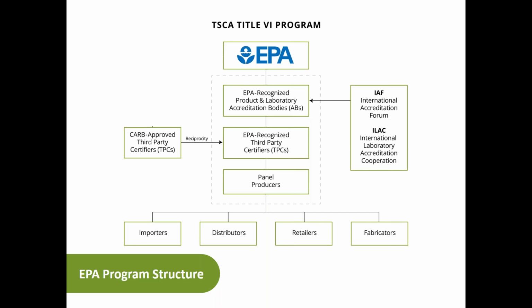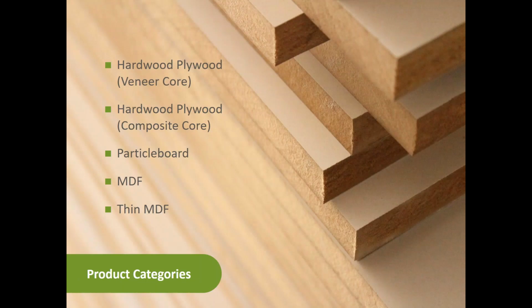And next, approving third-party certification bodies. These were also, as you see on the arrow here, reciprocal. Those approved by CARB were already interim approved by the EPA. The next steps for the CBs will be to be accredited and approved by the approved ABs. And the panel producers will be the next step in making sure that the federal requirements are implemented.